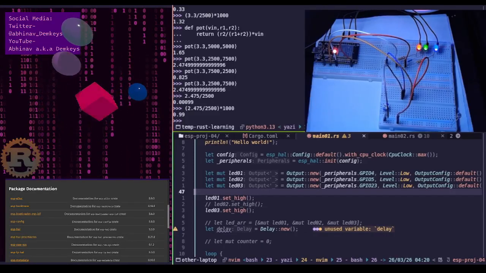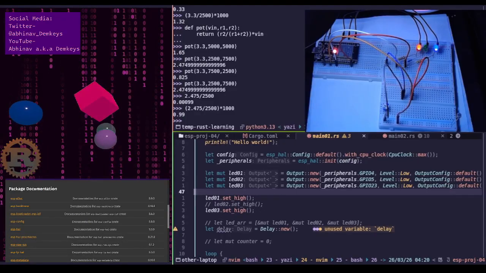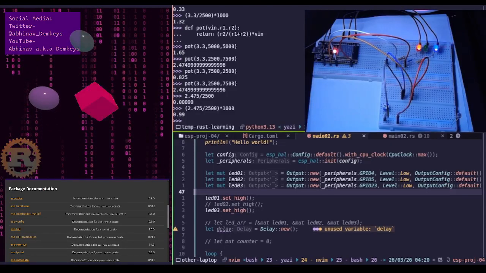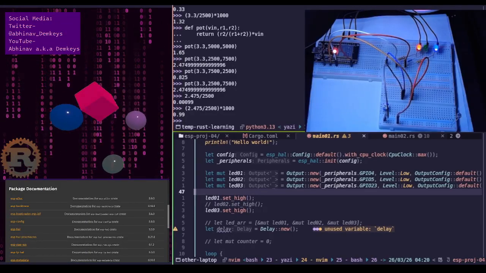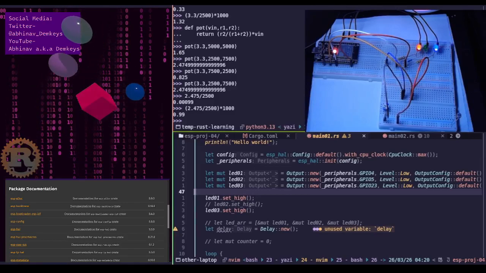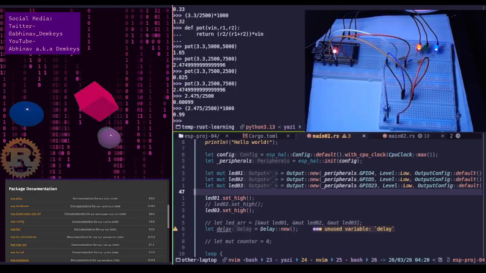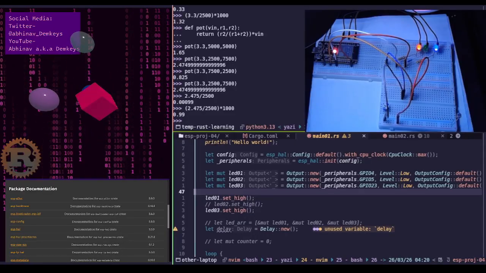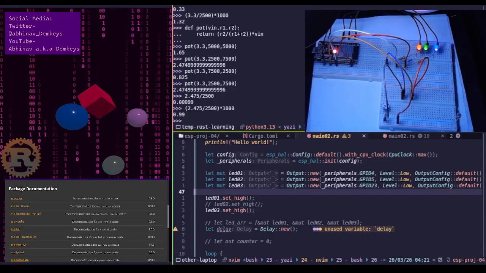If you are using a 3.3 volt supply for the pot, you must set your attenuation to 11 dB or 12 dB in your Rust code, or your readings will flatline at the maximum value long before you finish turning the knob. Okay, let's see how to do that. ESP32, no STD, Rust, attenuation.